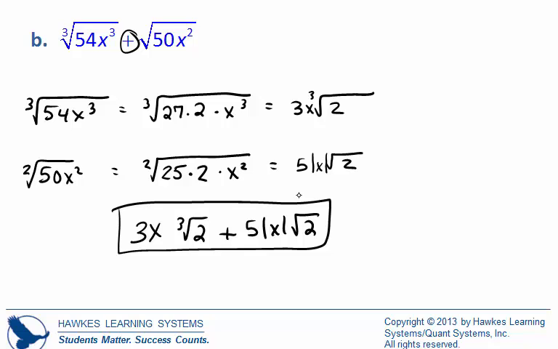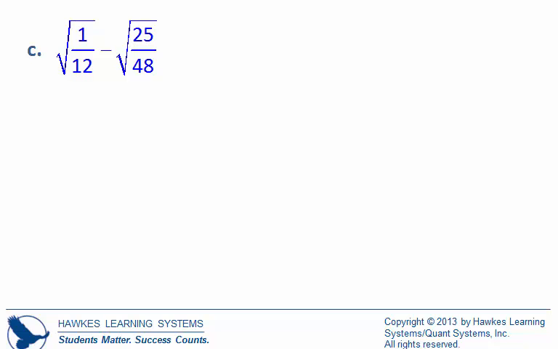All right, so let's look at part C, the last part for this problem. We have 1 over 12 underneath the radical minus the square root of 25 over 48. And again, we want to try to simplify them so that they have like terms and can be combined. So let's take the square root of 1/12.